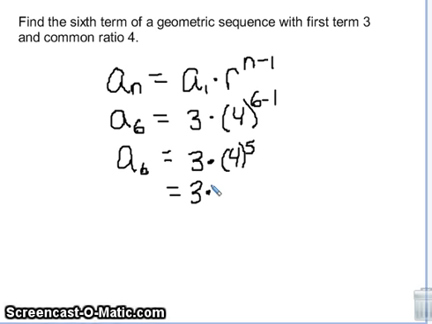What do you get? Well, I got 1,024. And then times 3. 3,074.